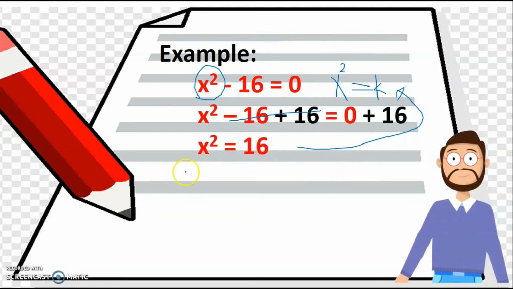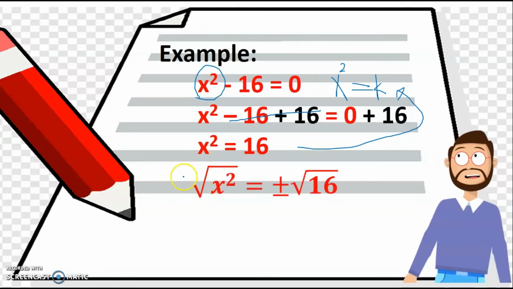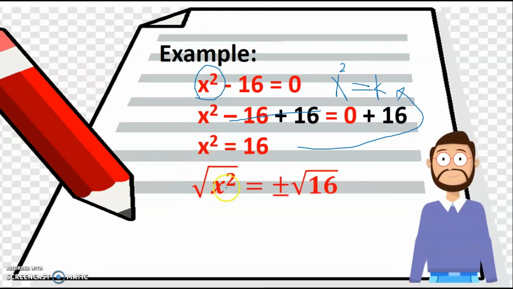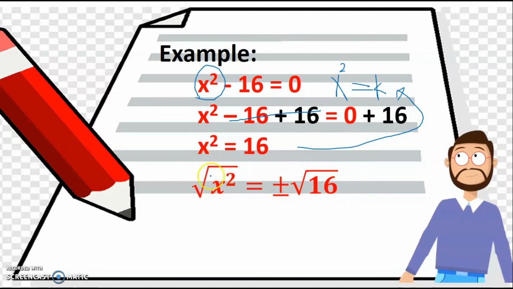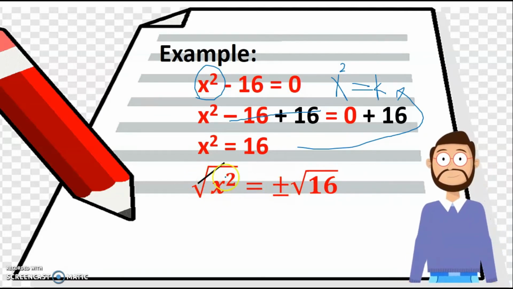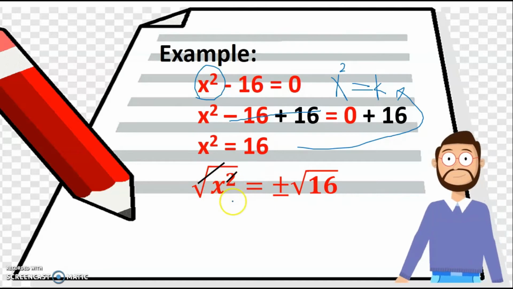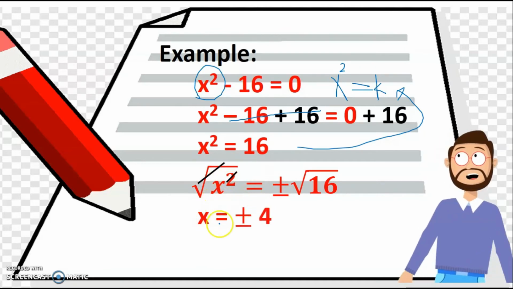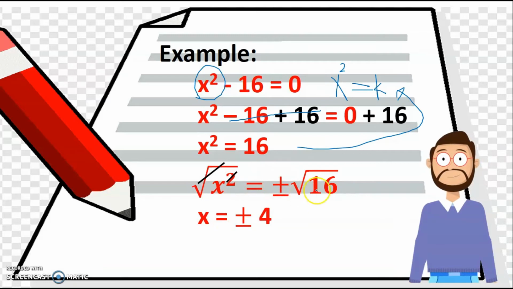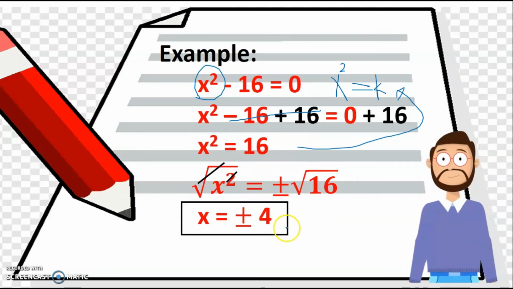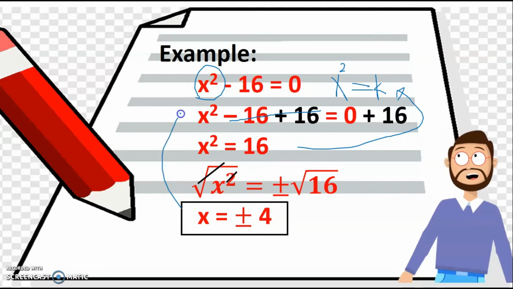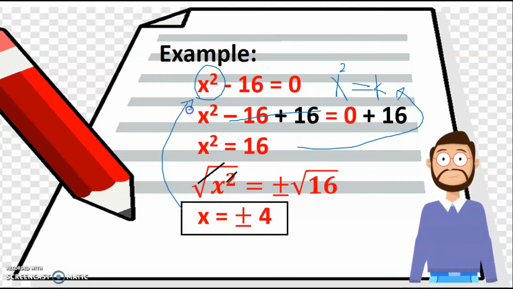To continue solving, we have to extract the square root of both sides of the equation for us to get the value of our x. The square root and the square will be eliminated. That will give you x equals the square root of 16, which gives you positive, negative 4. These values of x here will satisfy the given quadratic equation.